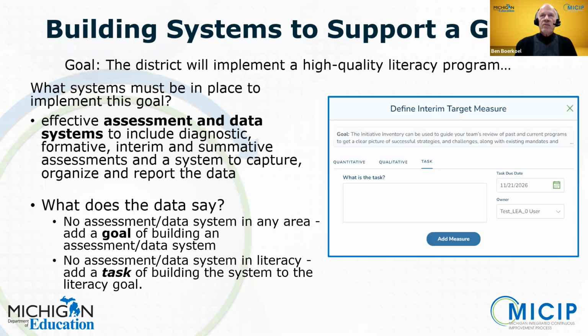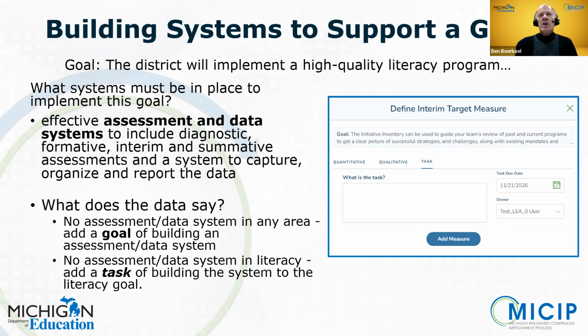How we respond to that is going to depend on what the data says. And then getting back to the frameworks that we talked about earlier, it's important to have frameworks in place so you have a tool that allows you to analyze how effective these different systems are.